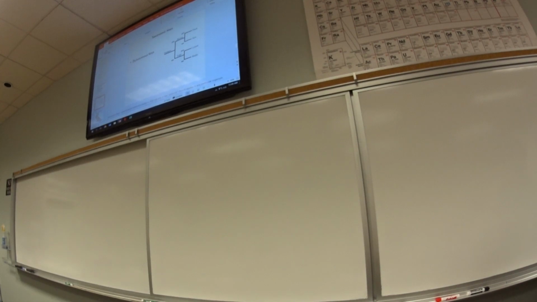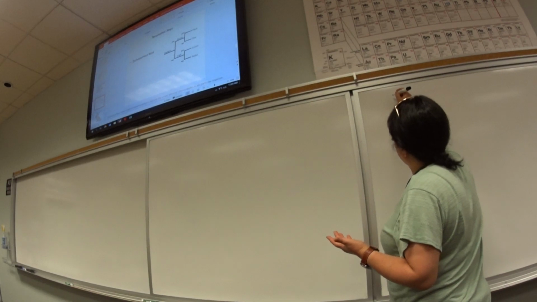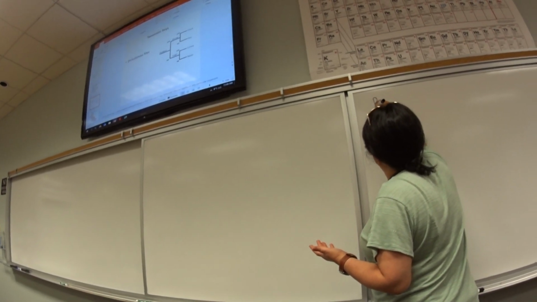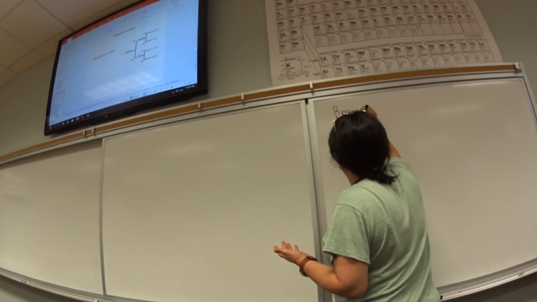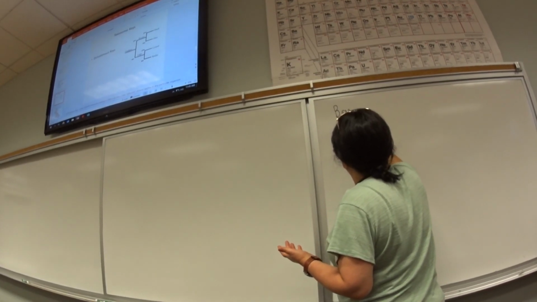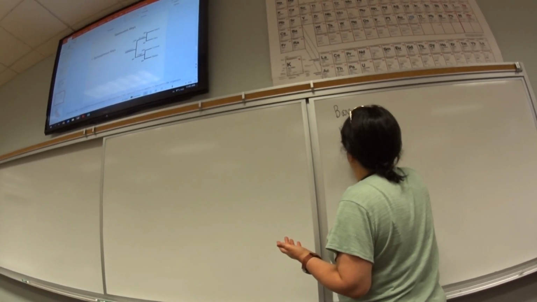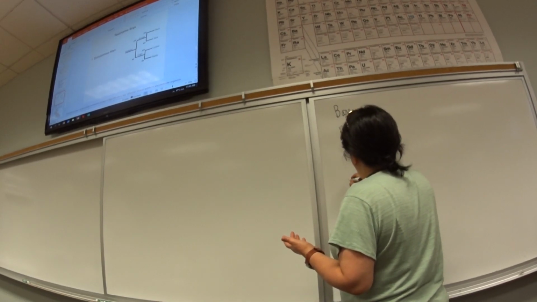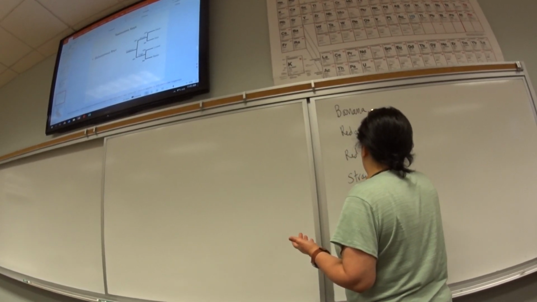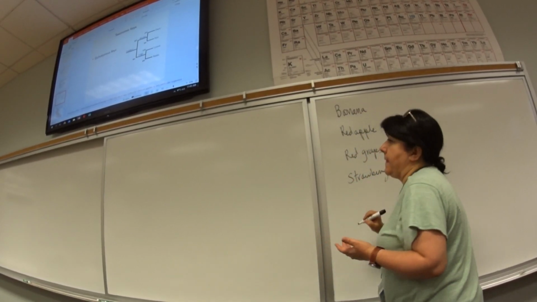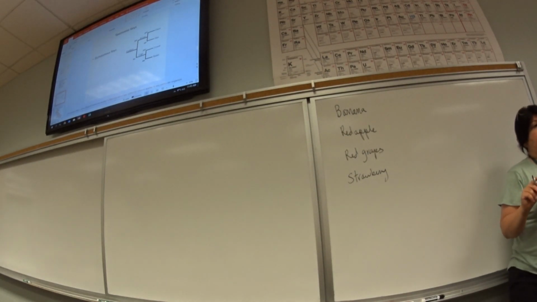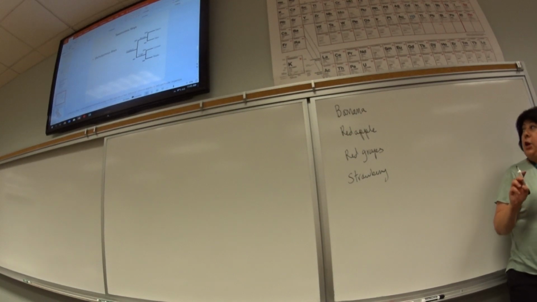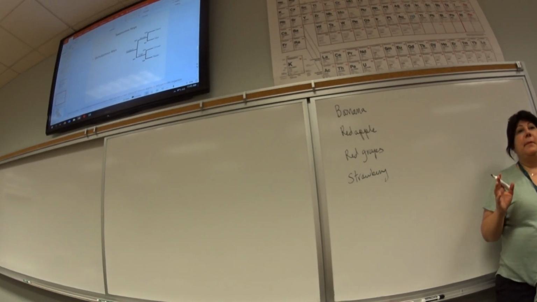You tell your alien friend, go grocery shopping, get me a banana, a red apple, red grapes, and a strawberry. Okay. So your alien friend says, all right, what is a banana? What is a strawberry? A dichotomous key can be made for these.